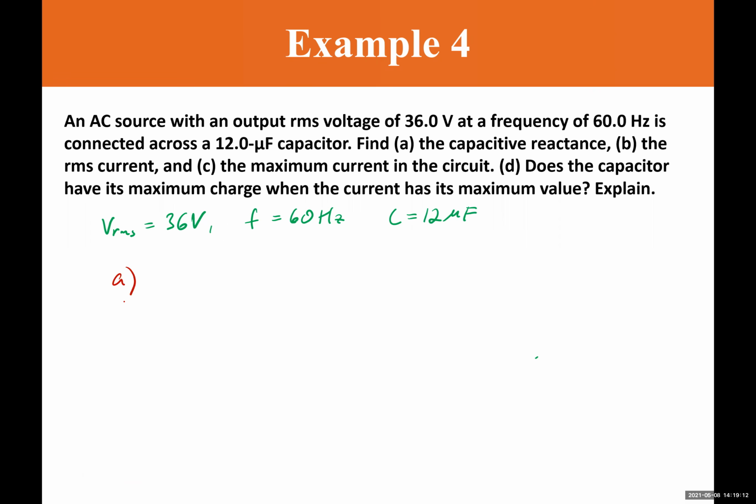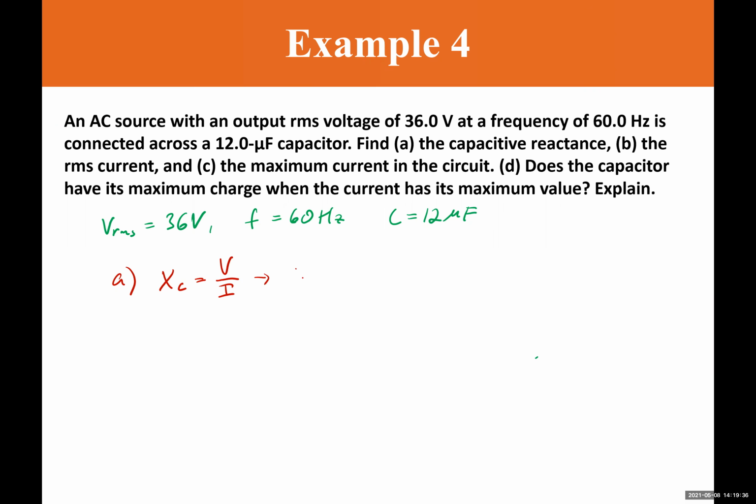Then for part A, find the capacitive reactance. There are two ways you can find it. One is that X sub C equals the voltage divided by the current, either RMS or maximum, doesn't matter. But here we don't have the current.